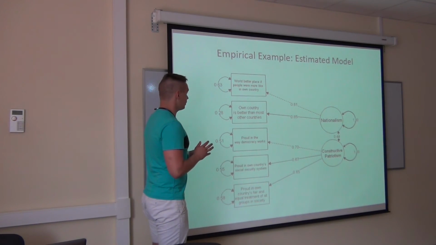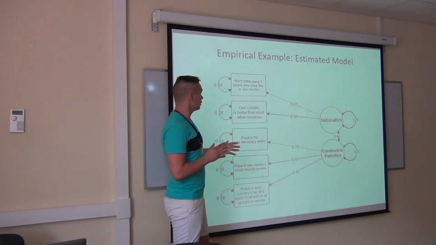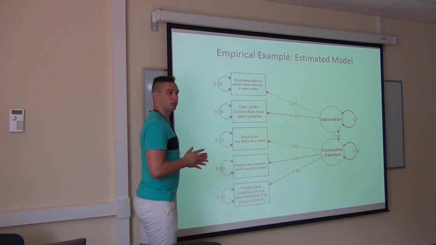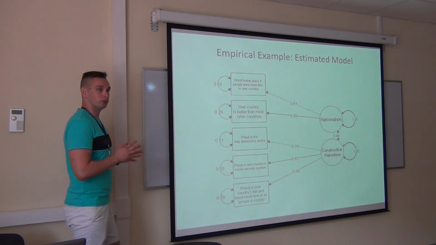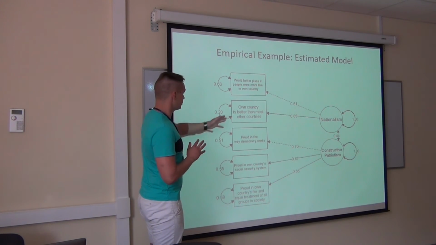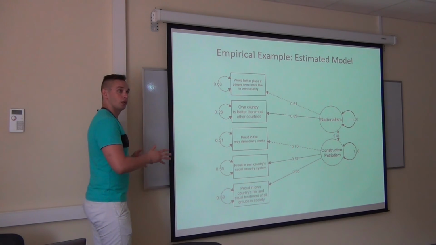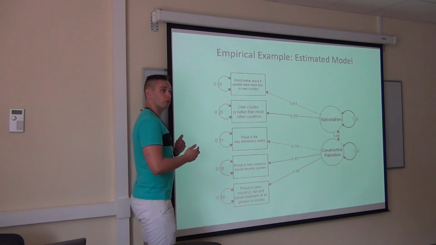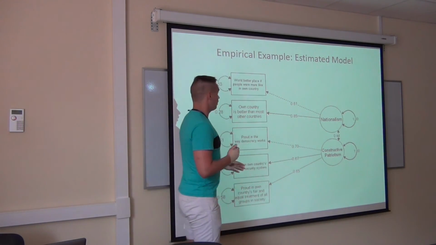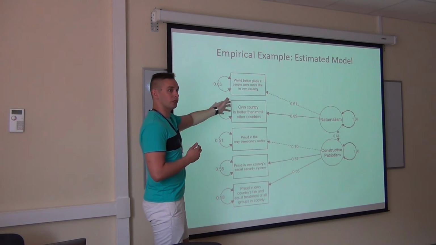But for the latent variable nationalism, we see that the difference in factor loading sizes is quite large, 0.25. So we can say that this item, one's country is better than most other countries, is more important for measuring this latent variable. This item is also important, but this one is more important.